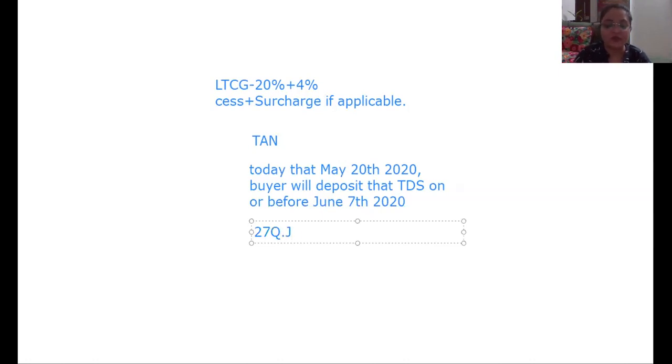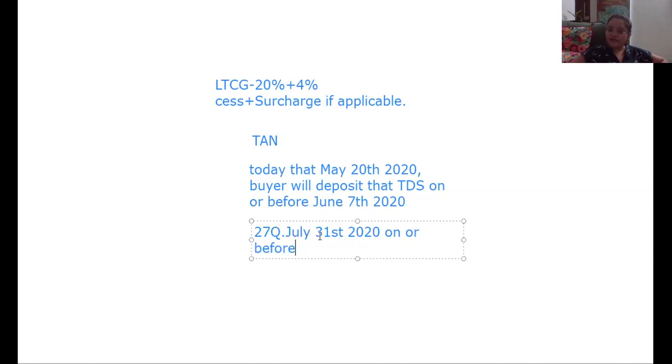So he has to file the return on or before July 31st, 2020. And accordingly, if the quarter differs, then the due date for TDS return also differs.